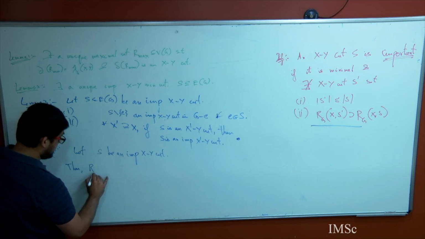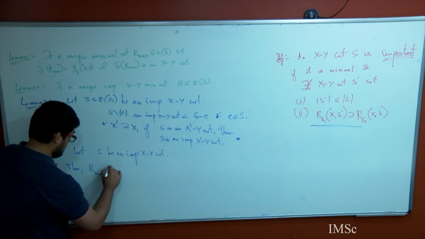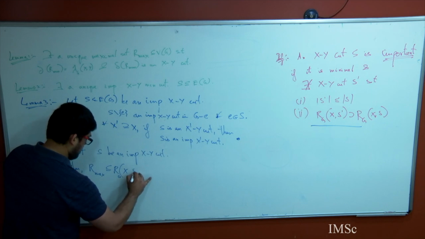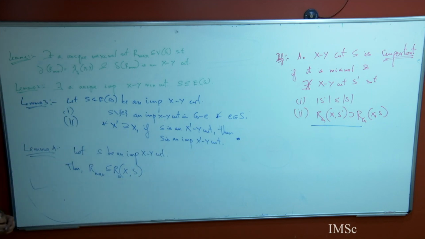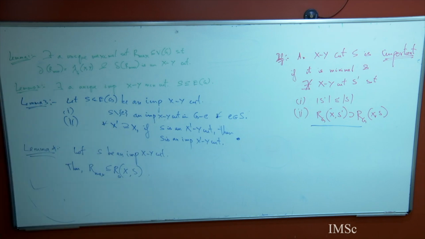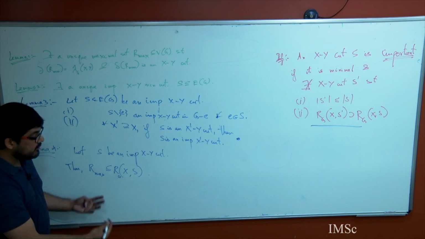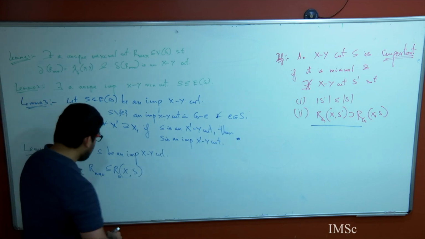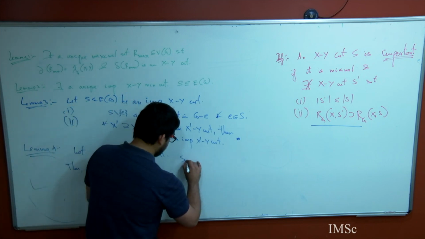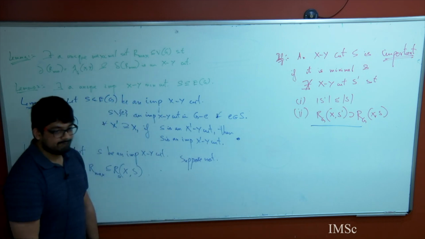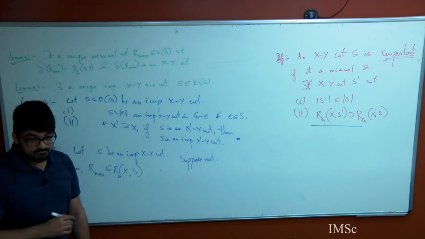So you remember R max, it's the same R max. So this is my claim. Okay, any thoughts on why this might be true? That is the essence. So we are again going to use the submodularity, really. Why do we need to use submodularity?